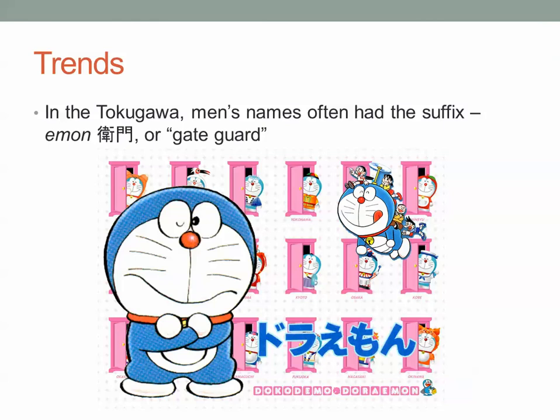Okay, Doraemon isn't from the Tokugawa period, but I thought it would be fun to stick the name in there so that emon actually carries over into the modern age. We see emon still today, not so much in people's names, but in names, for example, in this case, of a manga character, an anime character. I've also seen it on a series of mugicha, soft drinks, things like that.